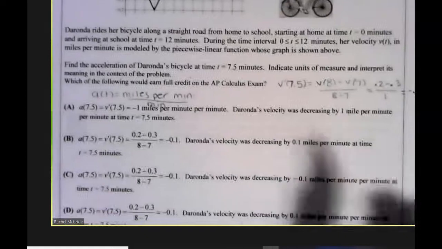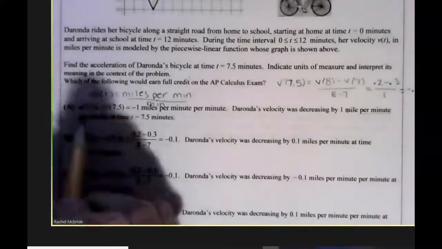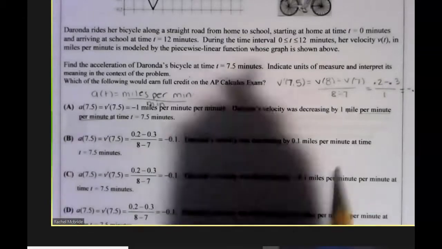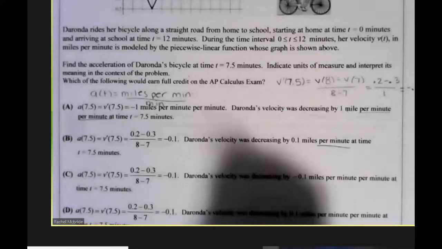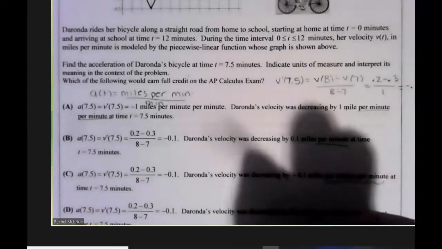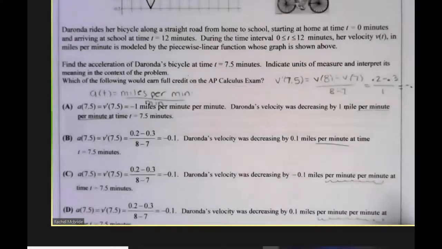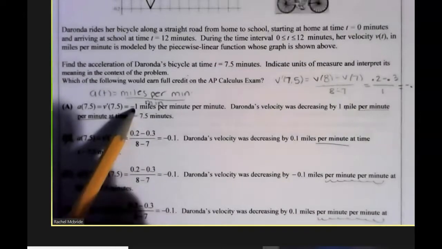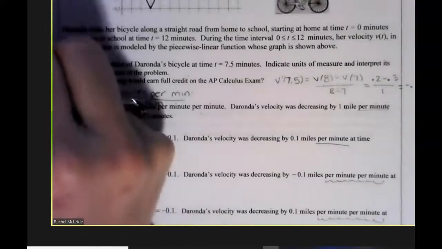So I'm looking for an answer that has per minute per minute. Any answer that just has per minute is out. So we can eliminate answer choice B. Even though the work for the math is correct, the wording is not. Same with answer choice A. The answer is wrong, but the wording is right.